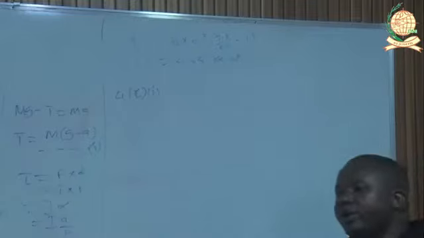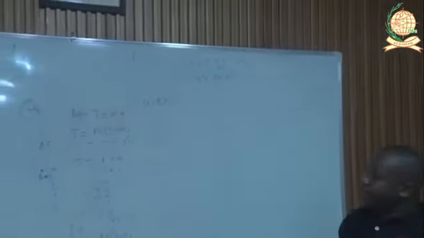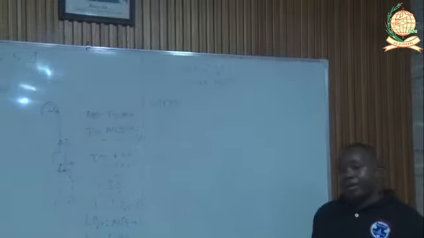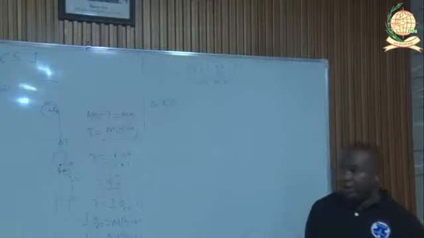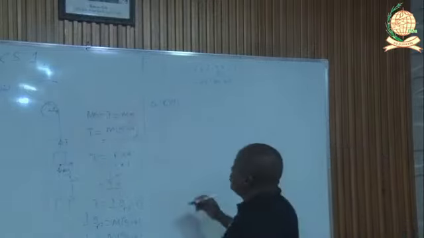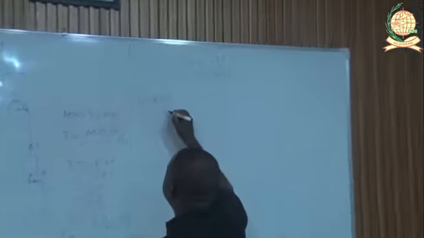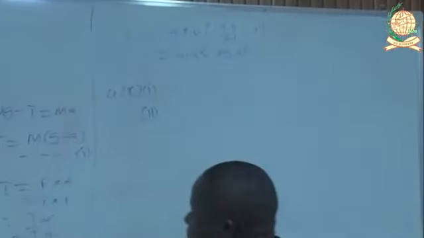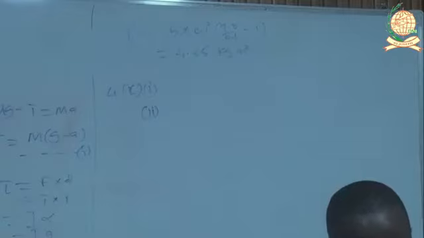That means you are kicking the ball, so you are imparting a force on the ball, and the ball is imparting a force on you. But the mass of the ball is small, so it will accelerate more than you because you are massive. So the reason is that they act on different bodies. That's why they don't cancel. In simple language, they produce different accelerations.